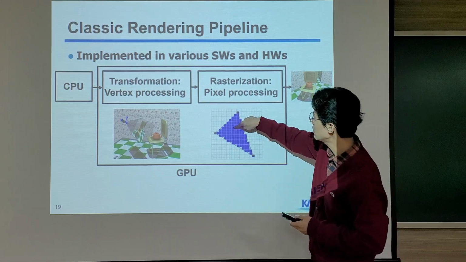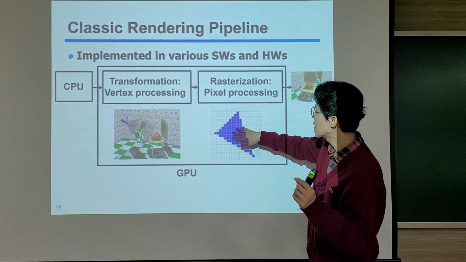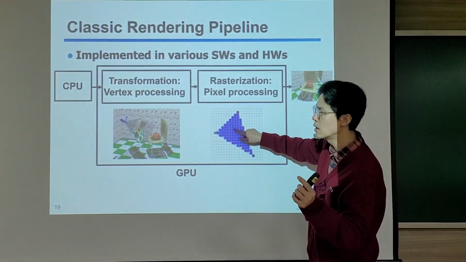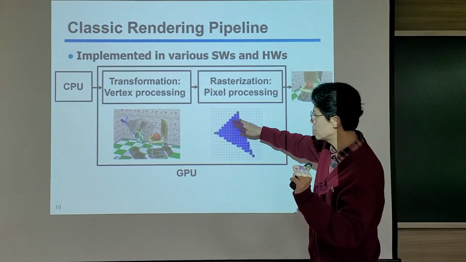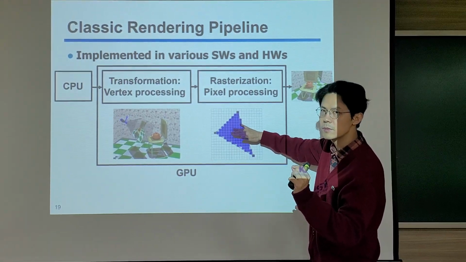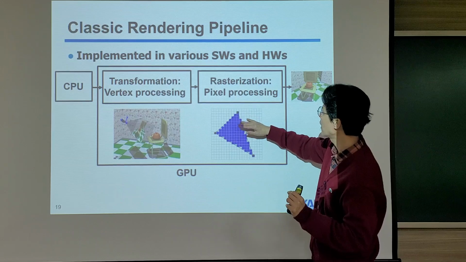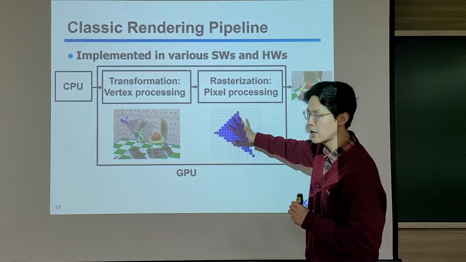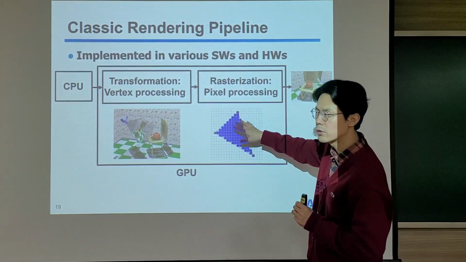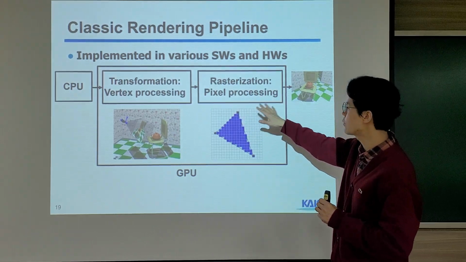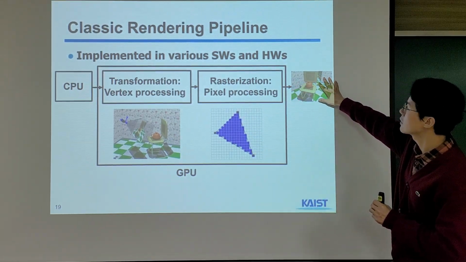At that point, the data structure is nothing but pixel information, sometimes also called fragments. At that stage, all those operations run in pixel processing or fragment processing. Then we get the result.